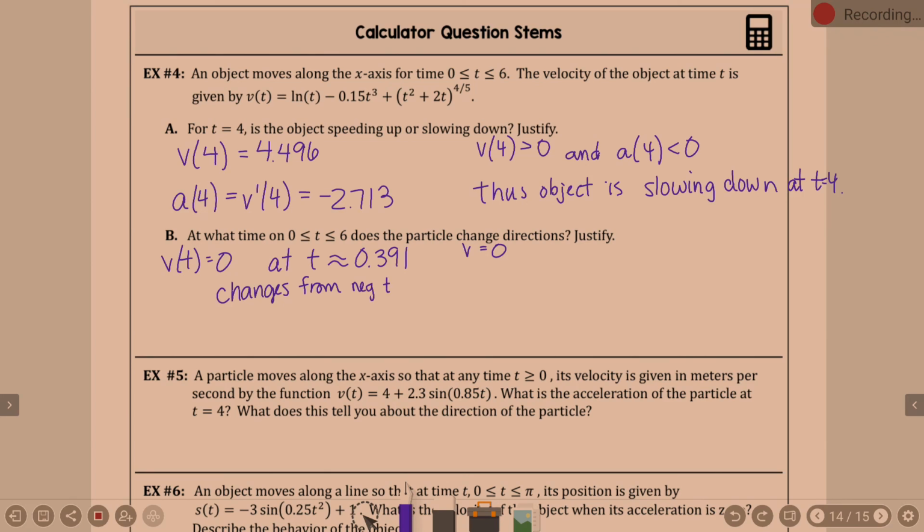The other place, v of t equals 0 at t equals 5.007, and that's because there my graph changed from positive to negative. Be smarter than me when you do something like that in homework: put it in Y1 from the beginning and do everything through Y1. Learn from my fail.